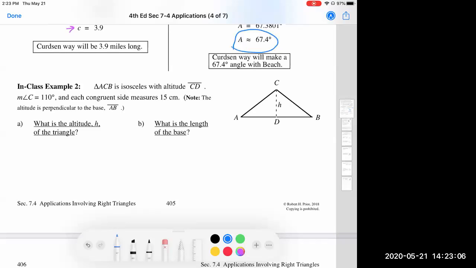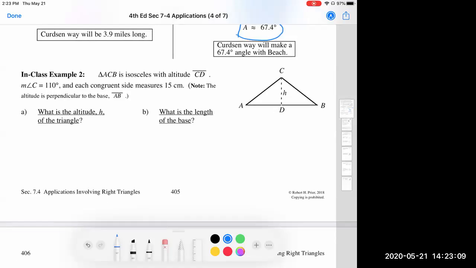All right, go ahead and try in-class example 2. We'll read it together. ABC is an isosceles triangle. So we know isosceles triangles have two of the same measurements, right? With altitude CD, and the measurement of C is 110. So all of this is 110.